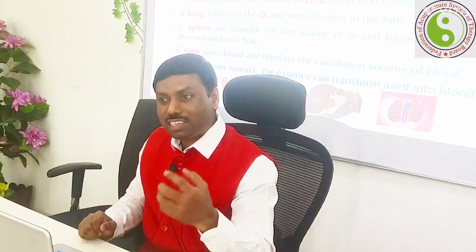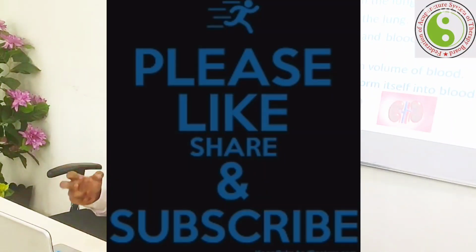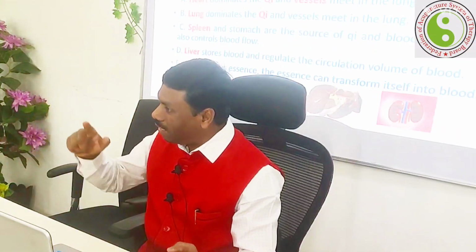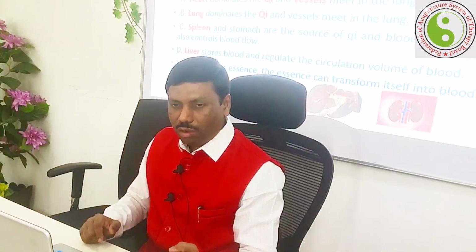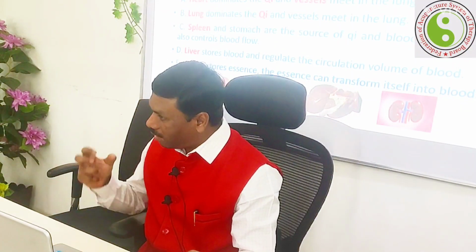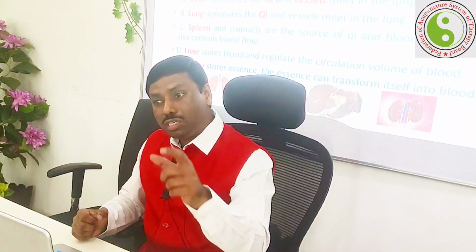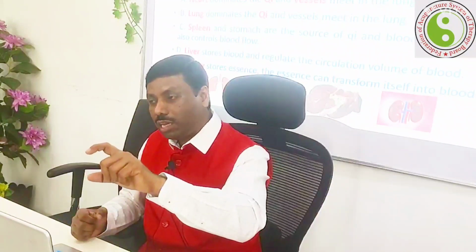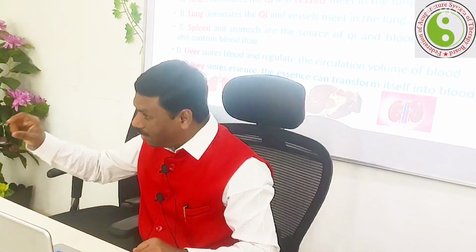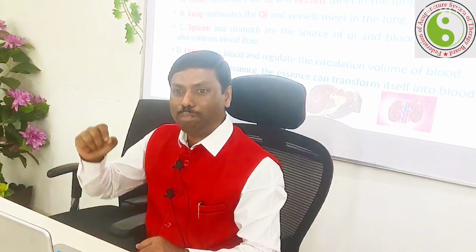If the blood is poor, the circulation is poor. When the circulation is poor, that is reflected in the arteries also. What is pulse? It is the expansion and contraction of the blood vessels, and also the movement of the blood inside the arteries.